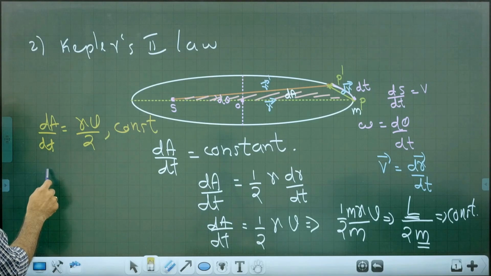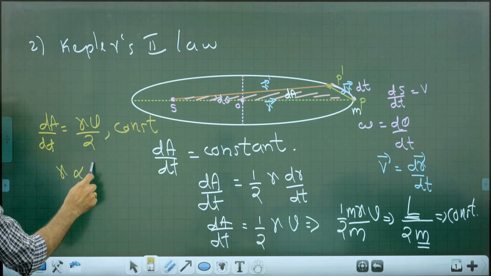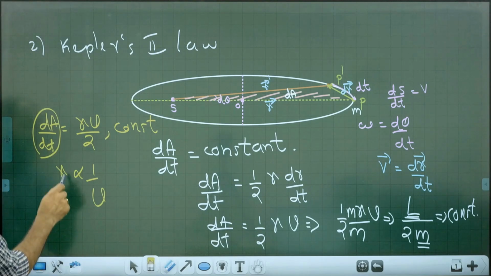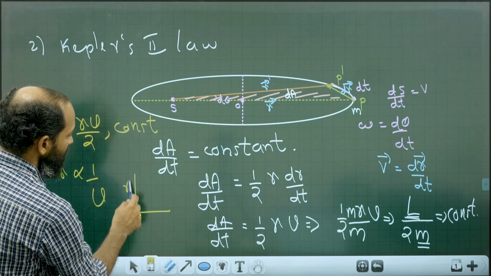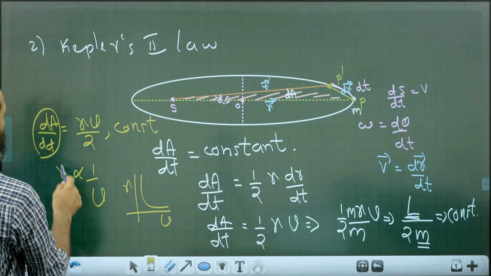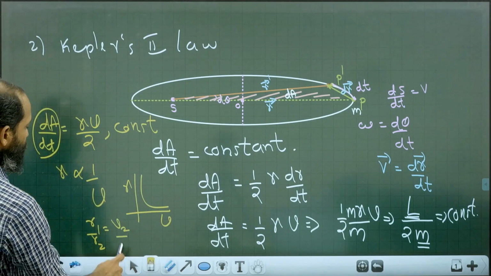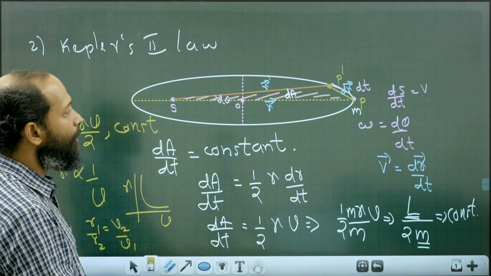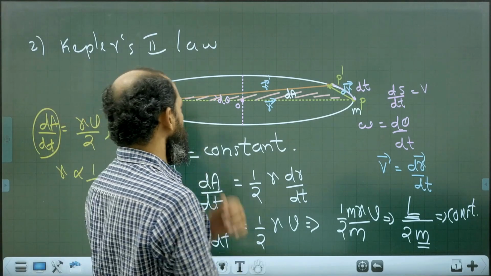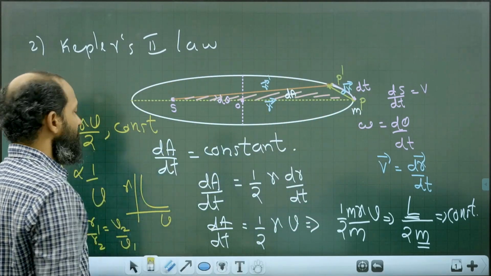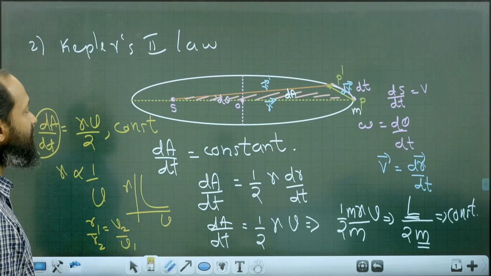That is, r is proportional to 1 by v, as dA by dt is a constant. The rv graph is a rectangular hyperbola. r1 by r2 equals v2 by v1 in the same orbit itself. In the same elliptical orbit, the planet travels with dissimilar speeds.